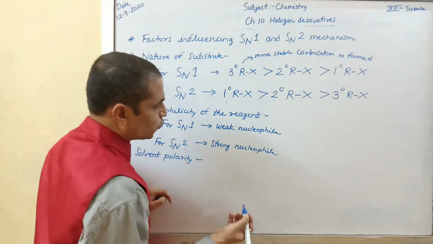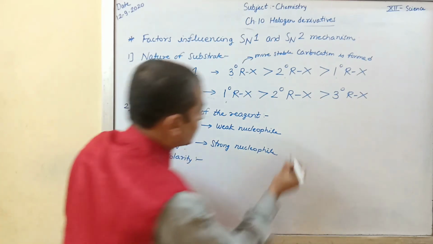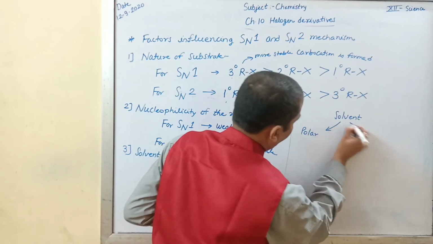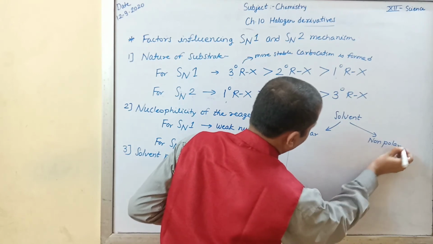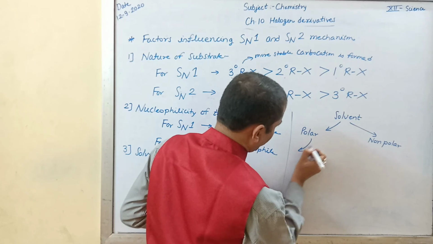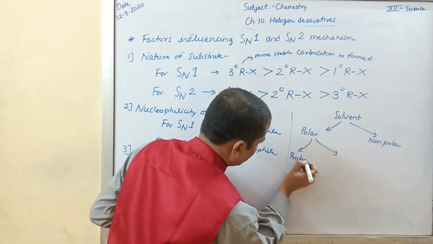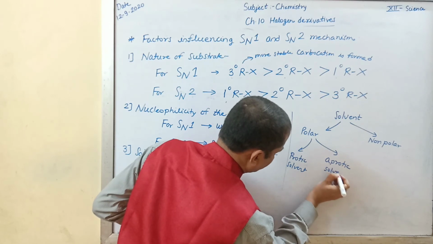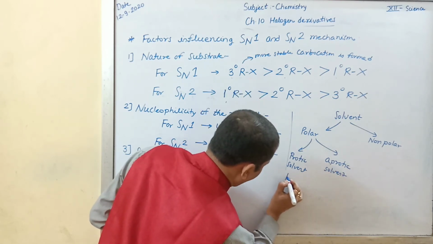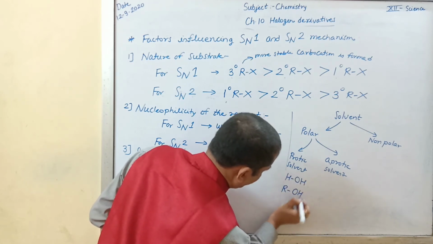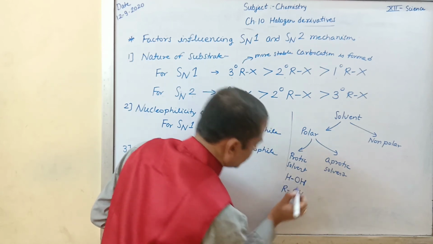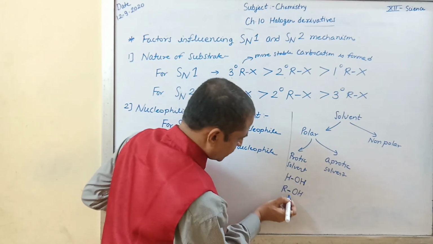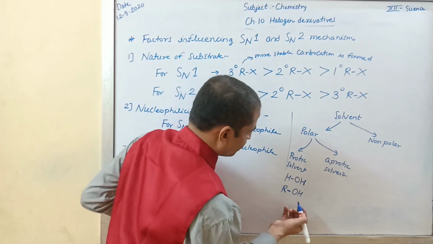Now last point, that is solvent polarity. You know that solvents have two types, polar and non-polar. If you consider polar, it again has two types, protic and aprotic. Protic means what? H2O, ROH, they are protic solvents, because they can easily donate protons.